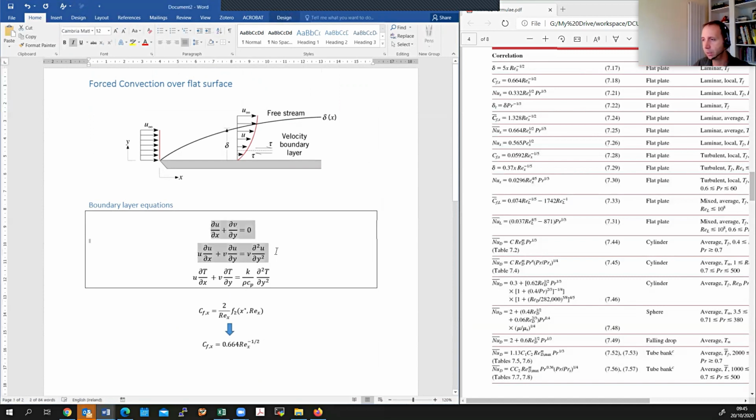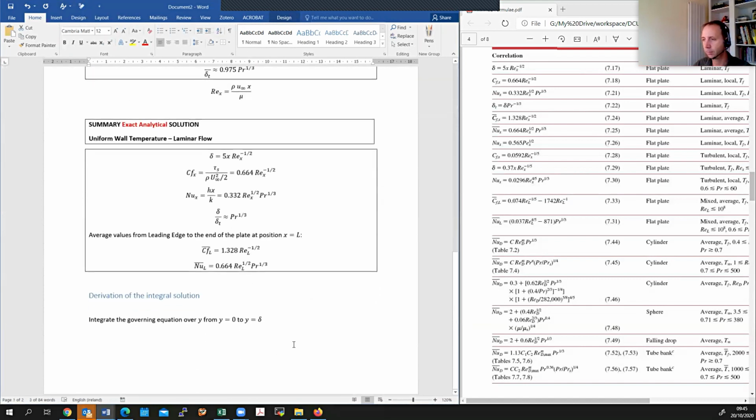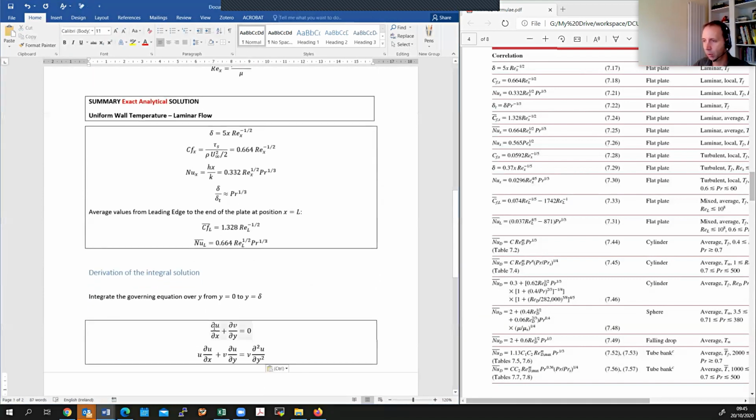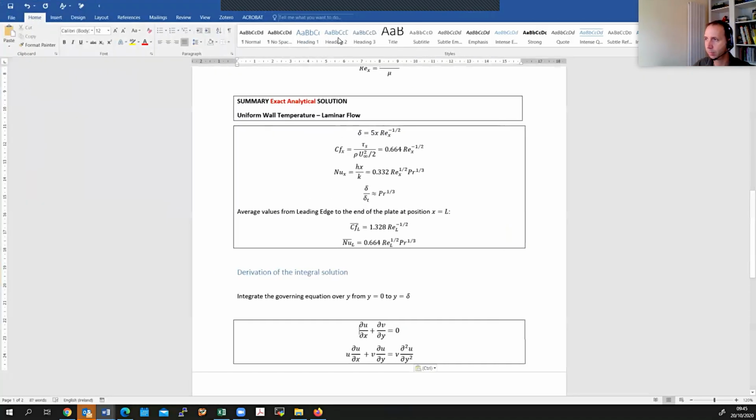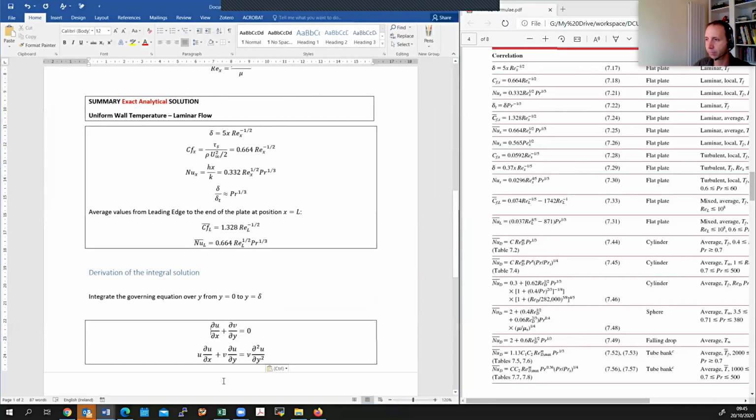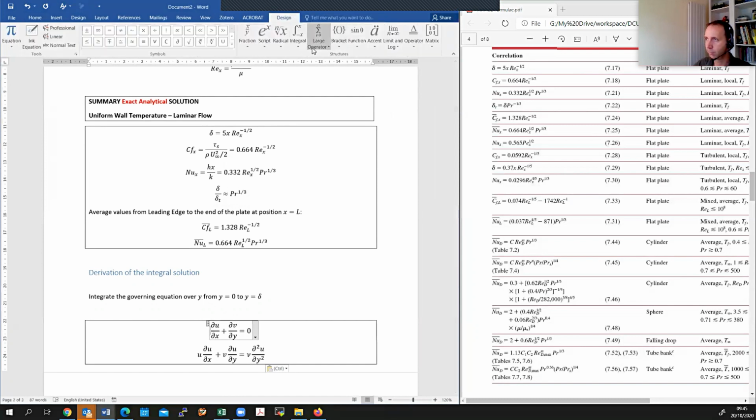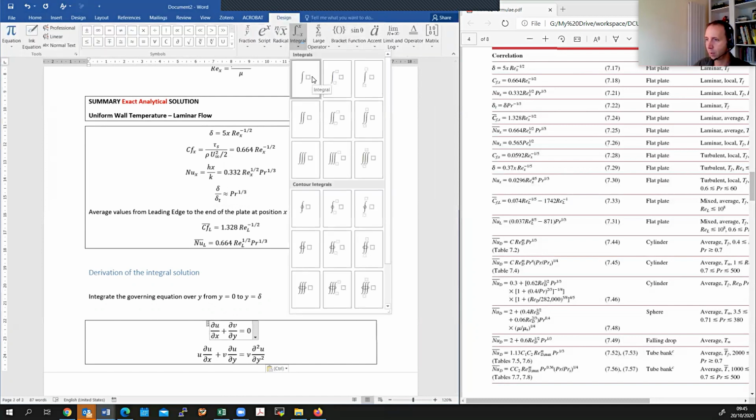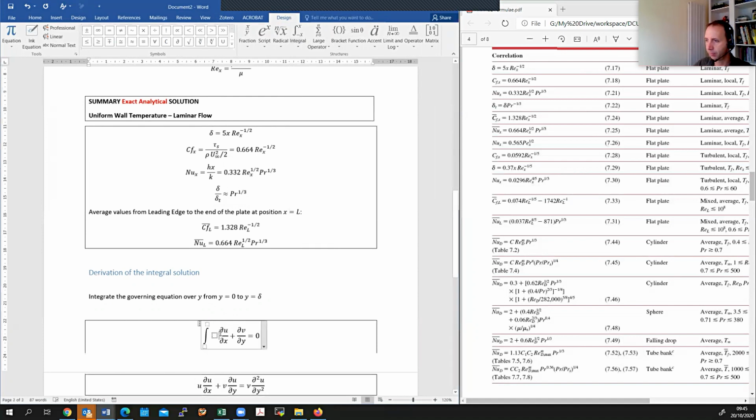So in practice, what it means is you simply put your integral where you put each term, dy, and you go from 0 to delta.